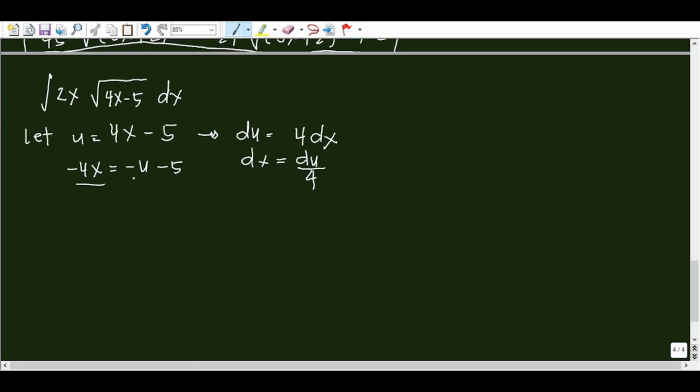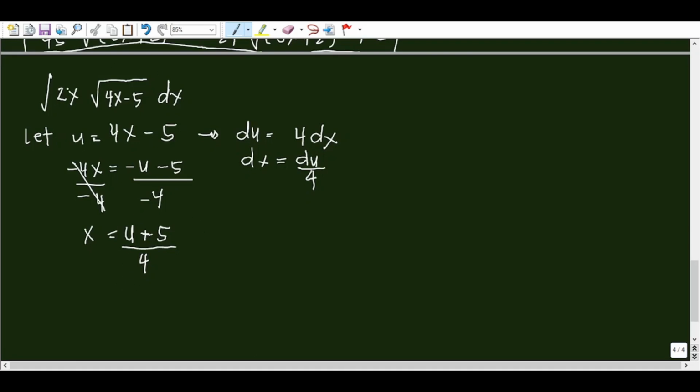Tama? Then, i-divide ko siya by negative 4. So, matitira si x, that is equal to negative u over negative 4 is positive u over 4. Negative 5 over negative 4 is positive 5 over 4. Pinagsama ko na yung dalawa since pareho naman yung kanilang denominator na 4. Okay?